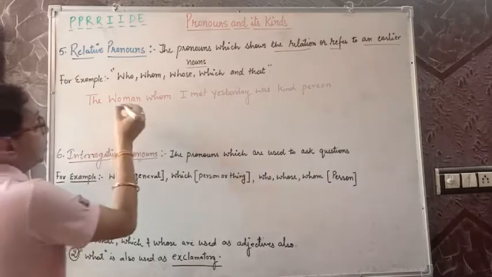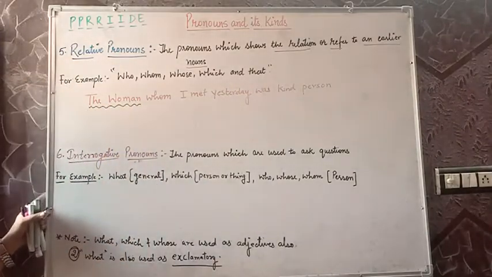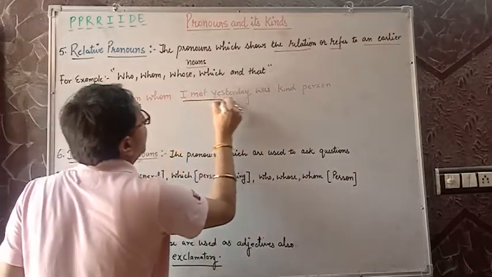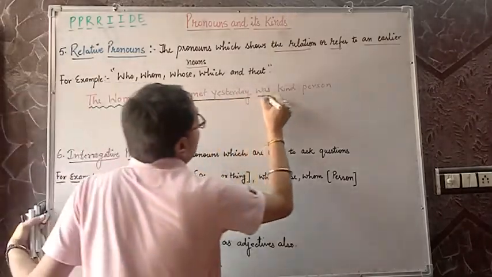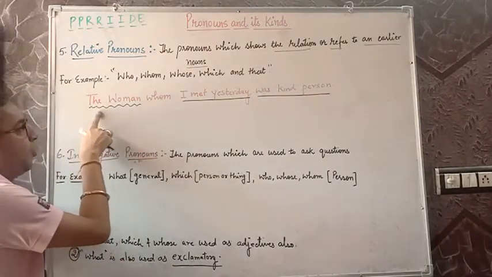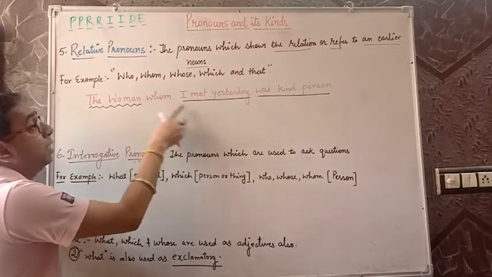Understand? I am talking about a character. I have introduced a character, the woman, and what I am telling about her is, whom I met yesterday was a kind person. Now see, here we are having 2 characters, the woman and I.